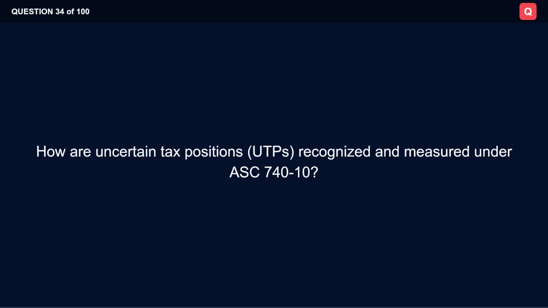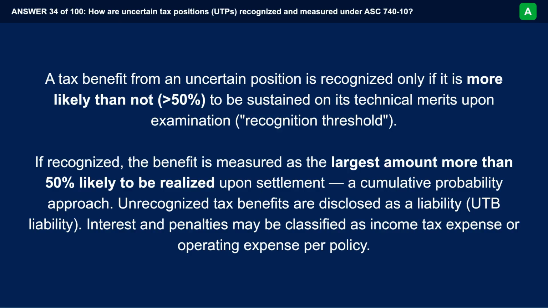How are uncertain tax positions, UTPs, recognized and measured under ASC 740-10? A tax benefit from an uncertain position is recognized only if it is more likely than not, 50%, to be sustained on its technical merits upon examination, the recognition threshold.